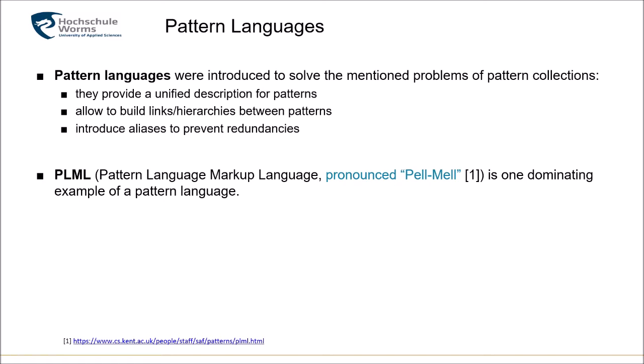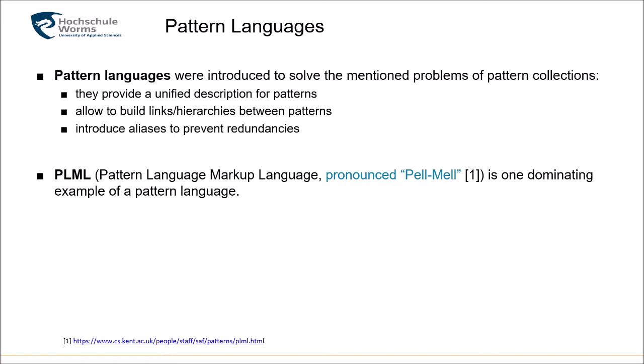Pattern languages were introduced to solve the problem of pattern collections in a way that you provide a unified description for the patterns, and they also allow you to build links and hierarchies between the patterns, and to introduce aliases to prevent redundancies, because sometimes some techniques are known under different names, but they belong to the same core idea, which is the same pattern.